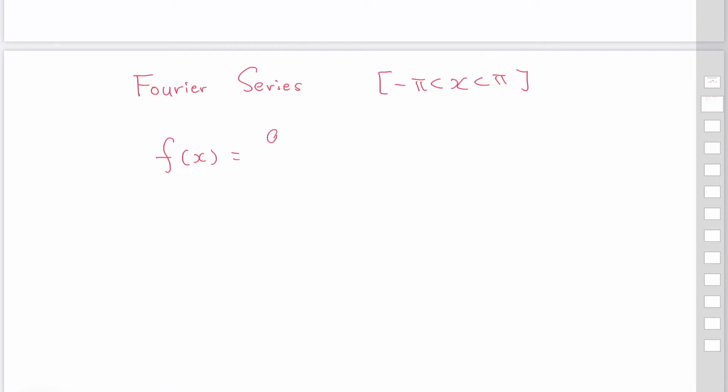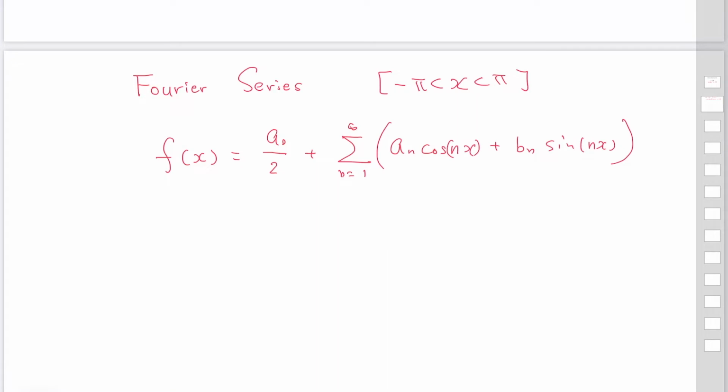The equation is a sub 0 over 2 plus the sum, n equals 1 to infinity, of a sub n cosine nx plus b sub n sine nx.